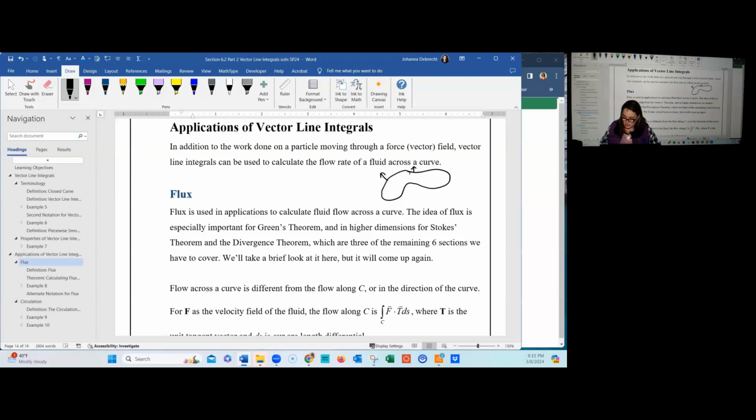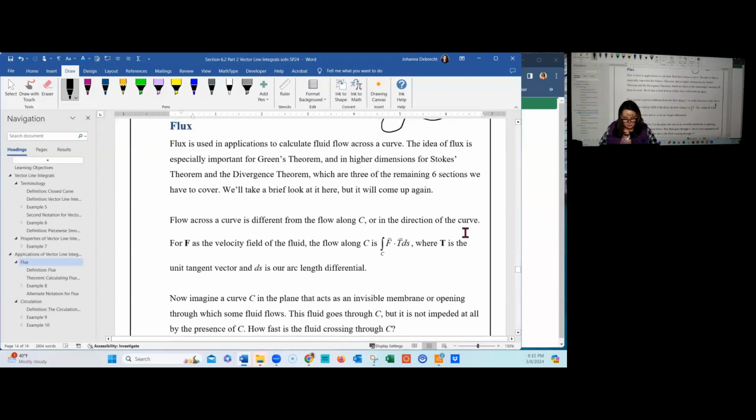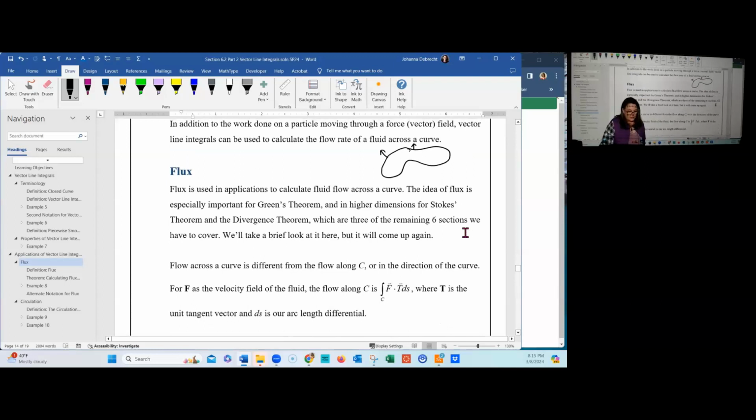When we think about flow across a curve, we want to differentiate this from flow along a curve. If we're thinking about flow along a curve, then we're thinking about how the vector field lines up with the curve so that the flow is moving along the curve, along the tangent vector, as in the blue arrows that you see here.